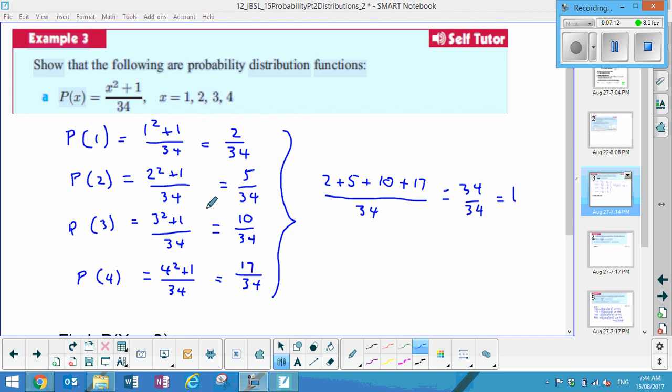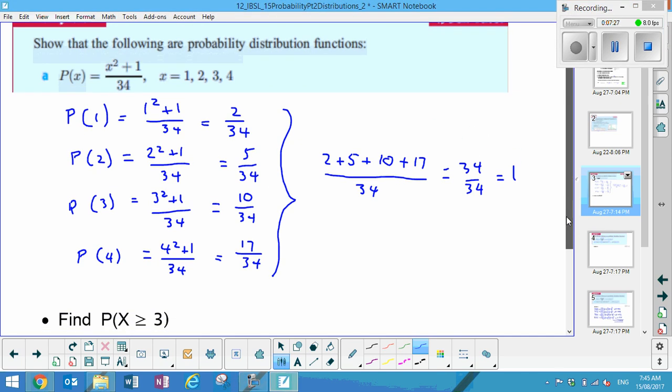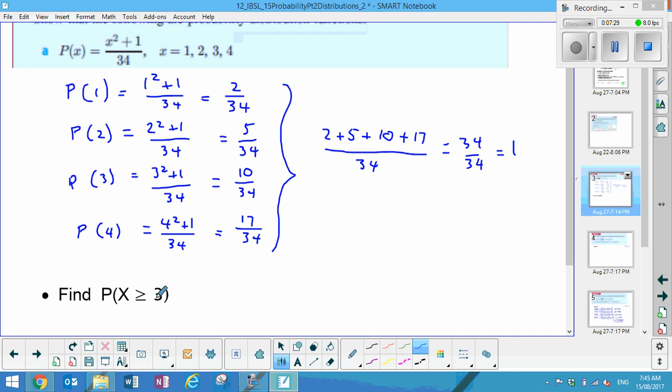Simple fractions, and we find that if we add up all those probabilities, we end up with 34 out of 34, which is 1. So we have shown that this really is a probability distribution function for a particular experiment, whatever that might be. So we could say, well, then what is the probability of x is greater than or equal to 3?